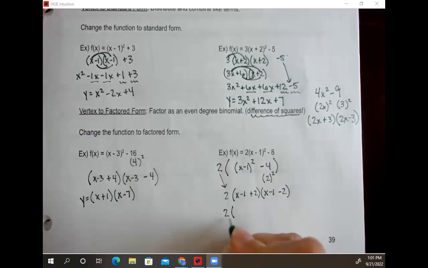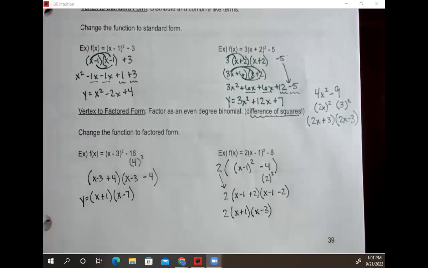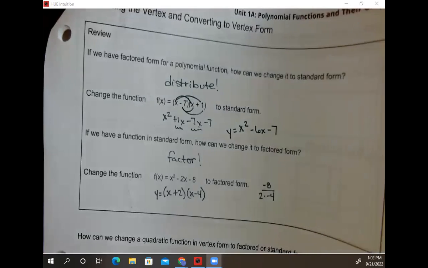So this would be 2 times x plus 1 times x minus 3. Questions for me so far? Okay, we're gonna do some more of these on the next page. So go ahead and turn the page for me.